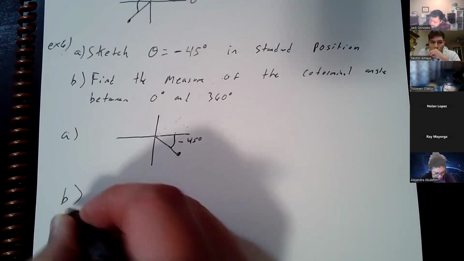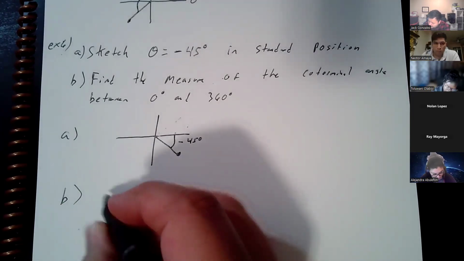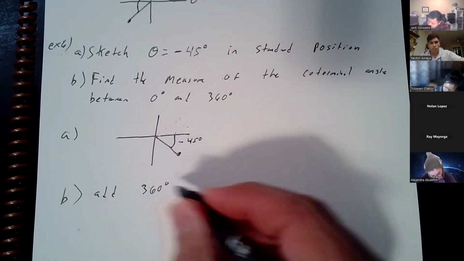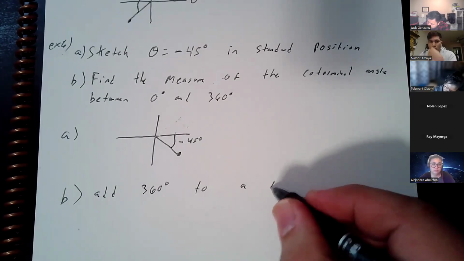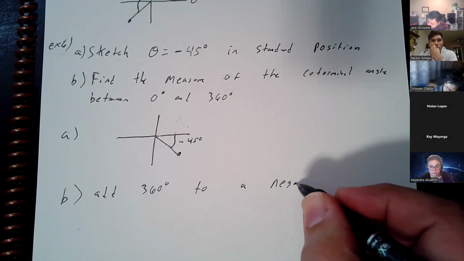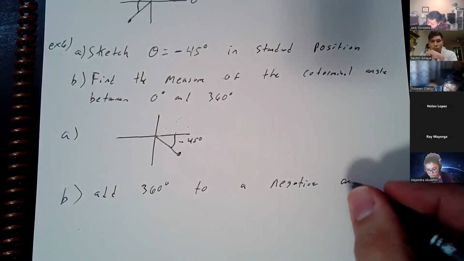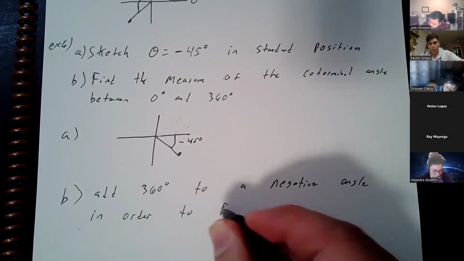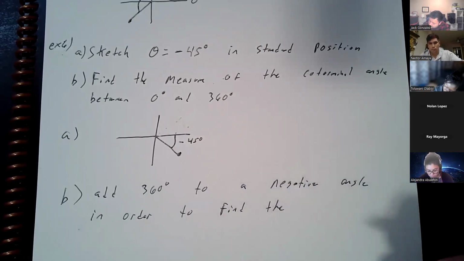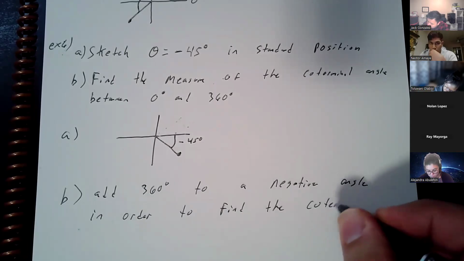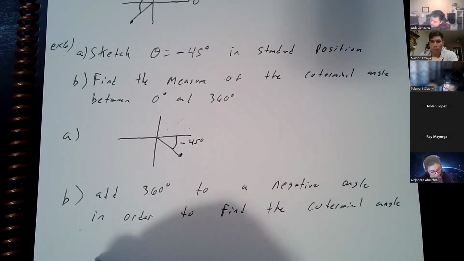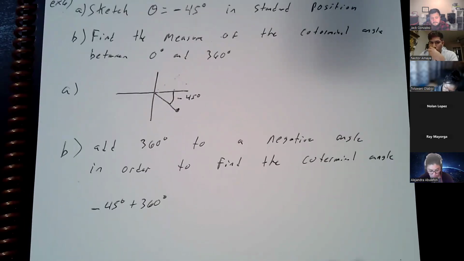So part B, they want us to find the coterminal. In order to find it, add 360 degrees to a negative angle. So negative 45 degrees plus 360, which we saw on the chart, right?